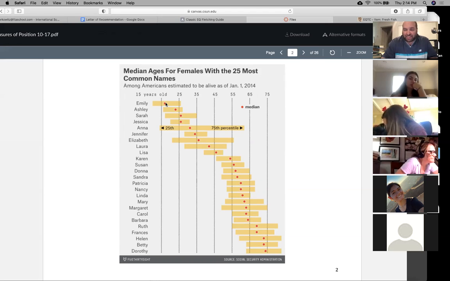That tells us that half of the Emilys are younger than 17 and half are older than 17.